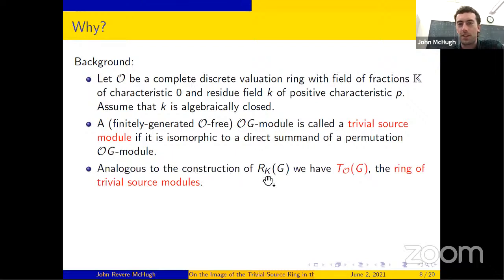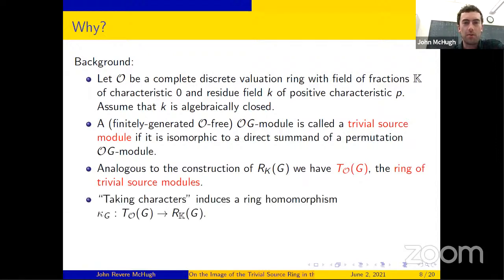And just as we constructed a ring of virtual characters for the group G, we could form a ring of virtual trivial source modules. So the elements here are basically isomorphism classes of trivial source OG modules with a sum that corresponds to a direct sum, and a product that corresponds to taking the tensor product over O. Okay, now if I take the character of a trivial source OG module, I get an element of this character ring.